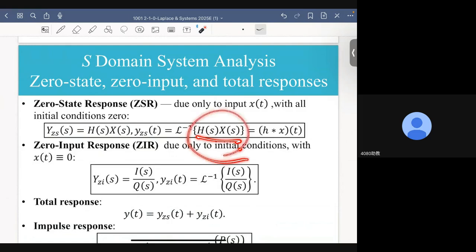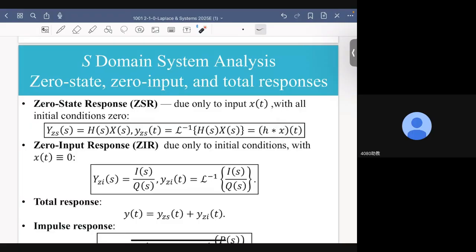Well, h represents the inverse Laplace transform of the transfer function, and it is called the impulse response of the system. Okay, we will look into the impulse response very soon. And x is of course the input.